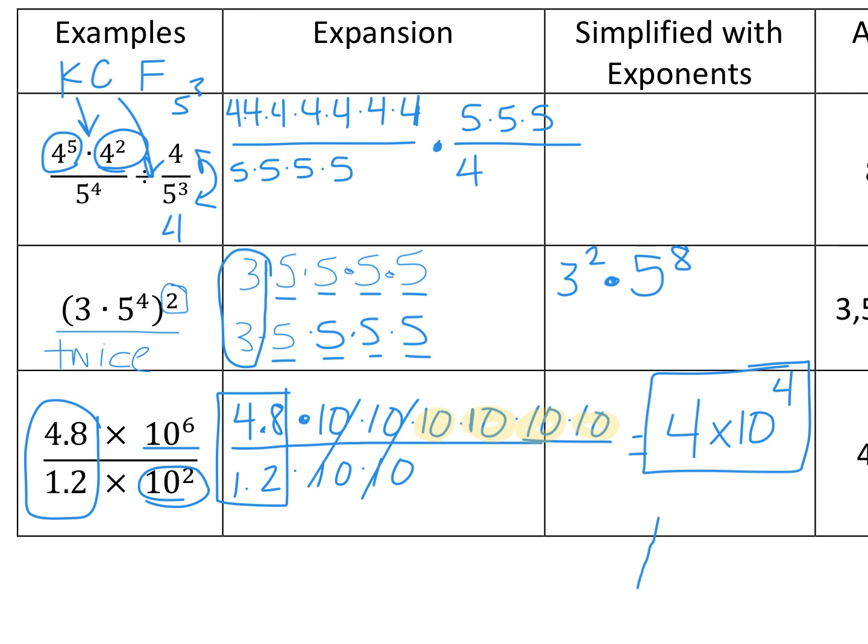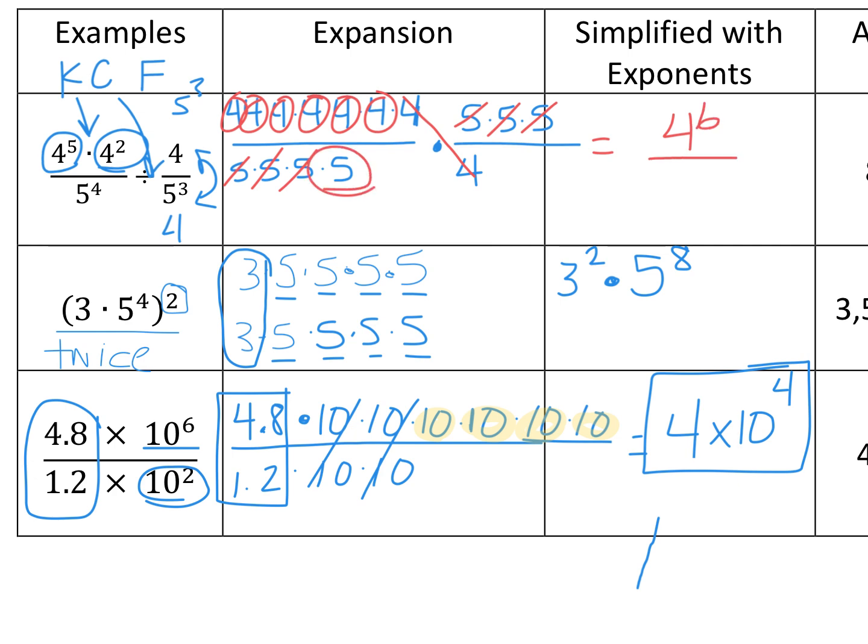So remember what we talked about. If you have the same thing on the top and the bottom, it simplifies to be a 1. So I can cross out those 4s. It would be a 1. I can cross out these 5s, bottom, top. And what do we have left? I have 1, 2, 3, 4, 5, 6 4s, so 4 to the 6th.